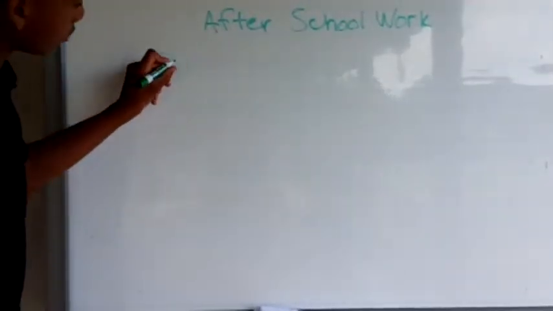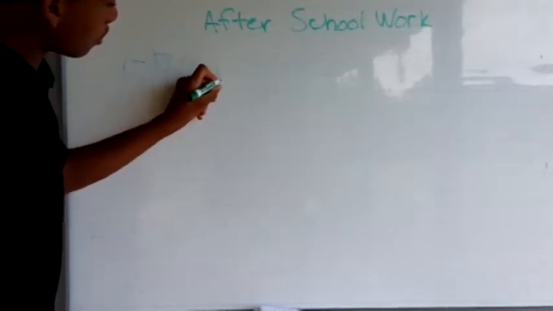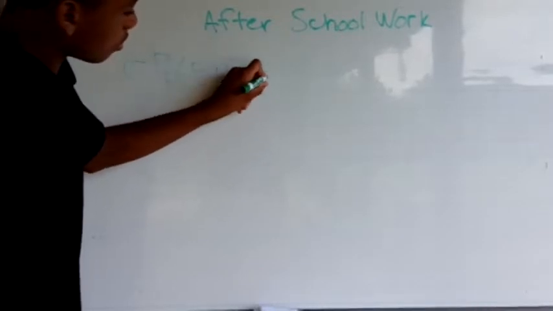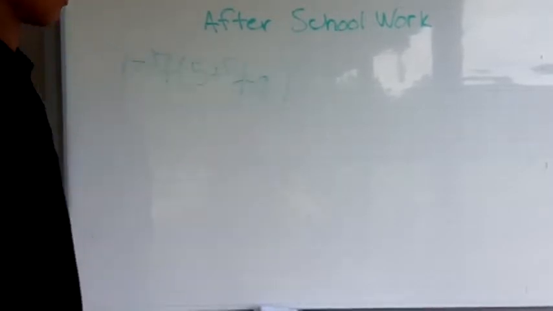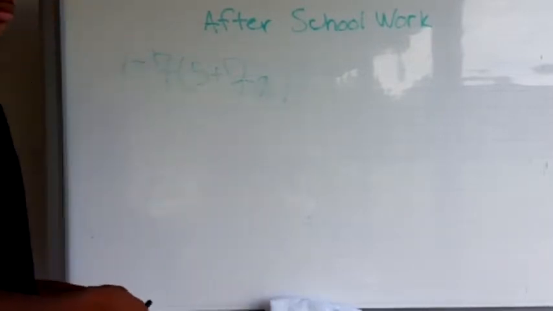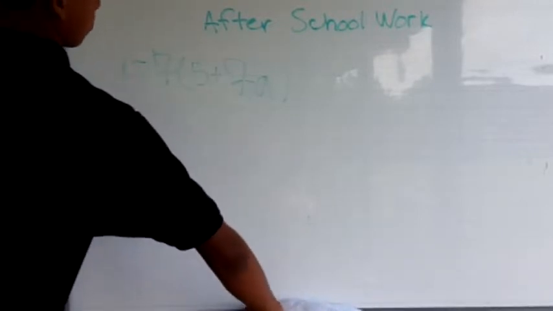Parentheses. 5 plus 7a, close parentheses. 5 plus 7a. Mm-hmm. Don't tell me my marker's going out. That one don't work either. You try it, it might work for like 2 seconds.